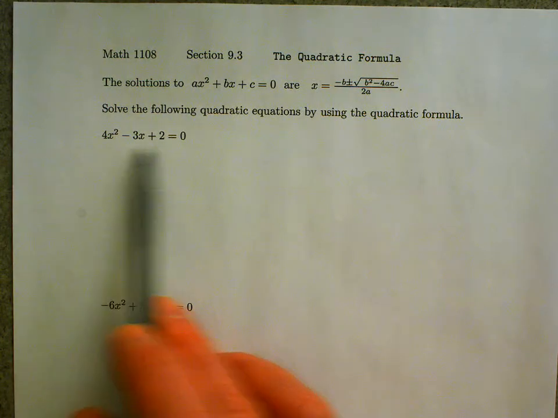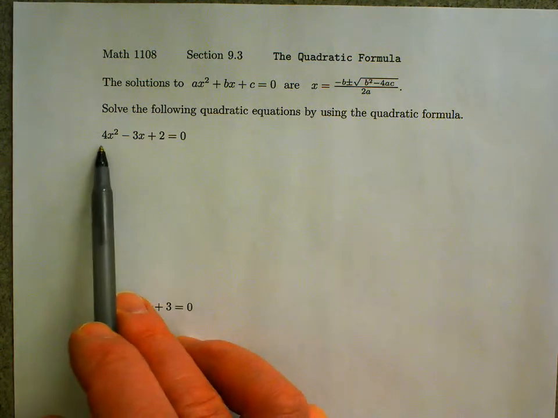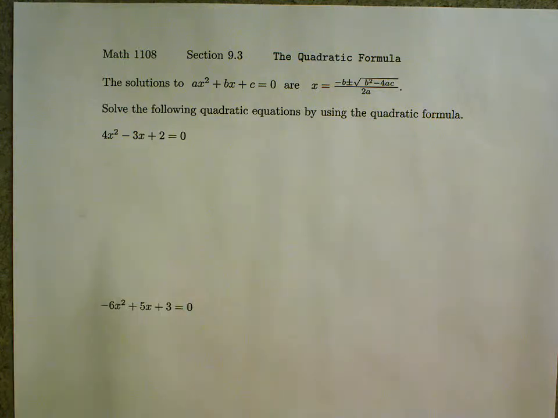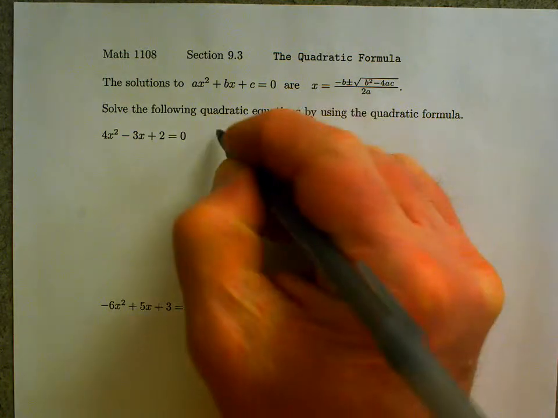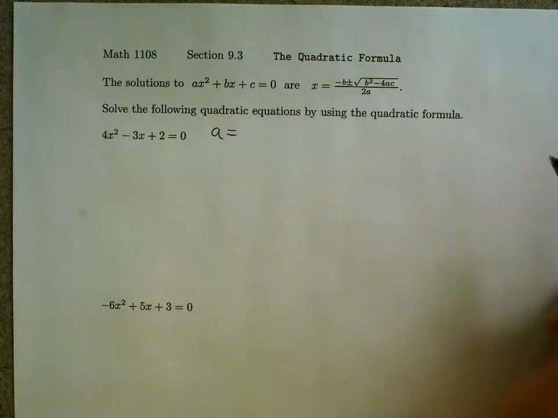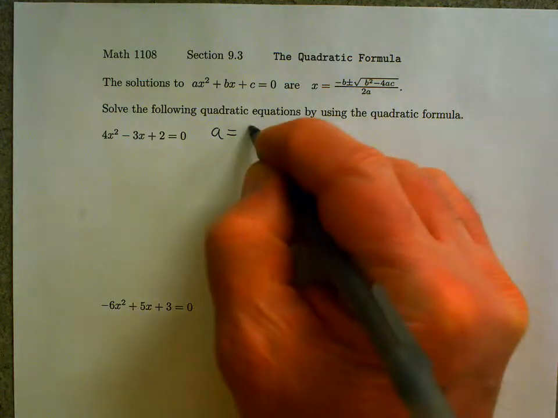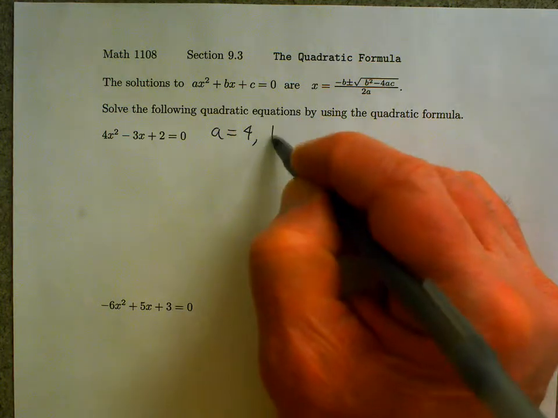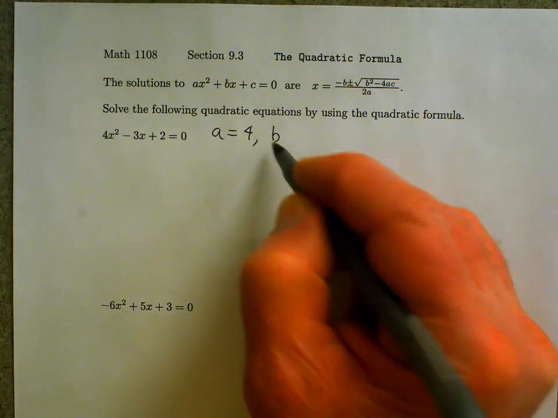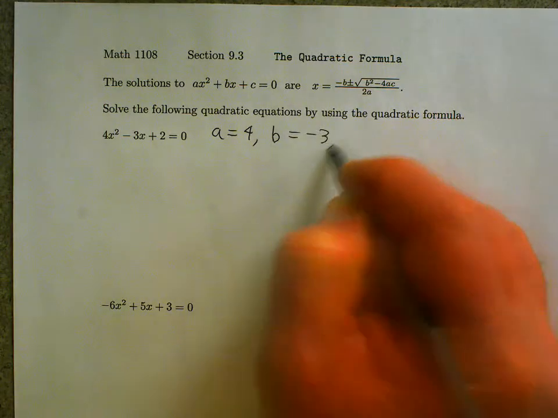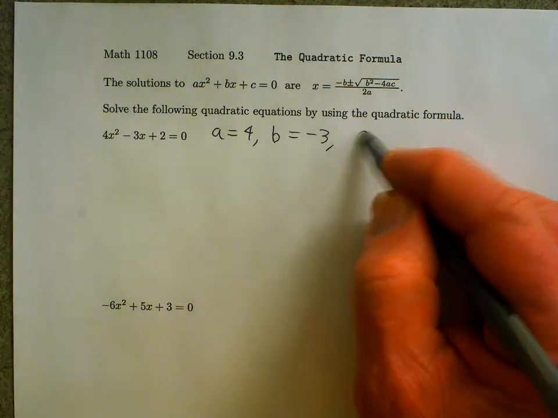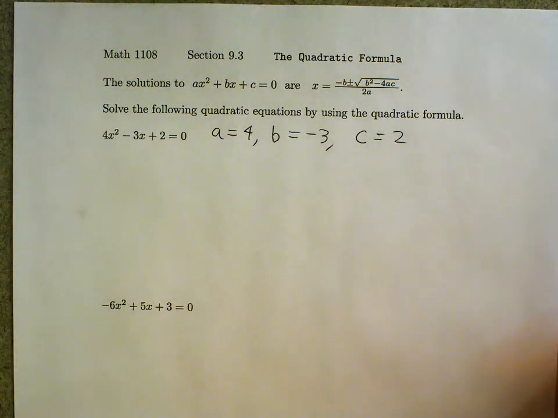Note this is in standard form, 4x squared minus 3x plus 2 equals 0. A is the coefficient of x squared, which is 4. B is the coefficient of x, which is negative 3. And C is the constant, which is positive 2.